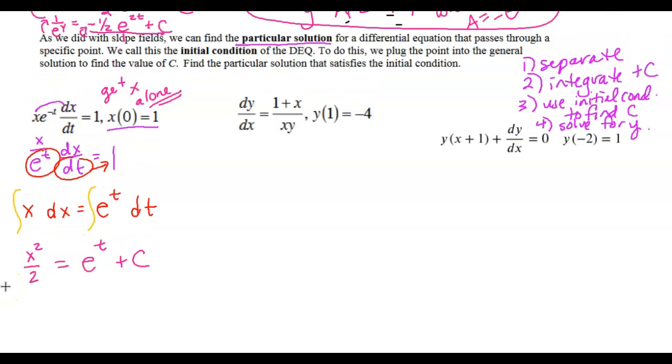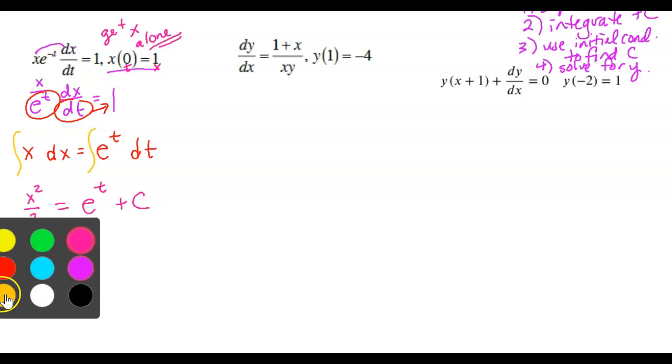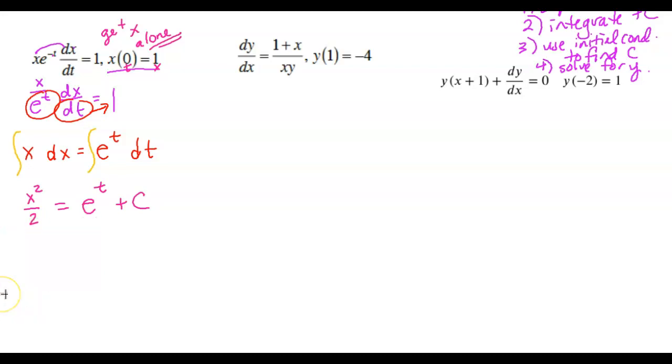Now at this stage, we've integrated, so now I want to use this condition. So that means that t is our variable, t equals 0, and x equals 1. All right? So t equals 0, and x equals 1. And so we get 1/2 equals, well, e to the 0 is 1.